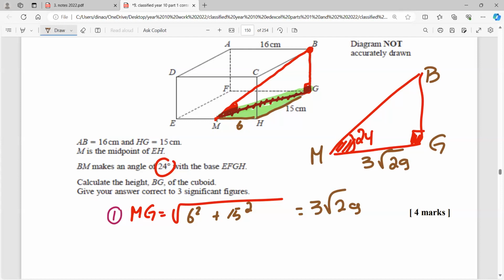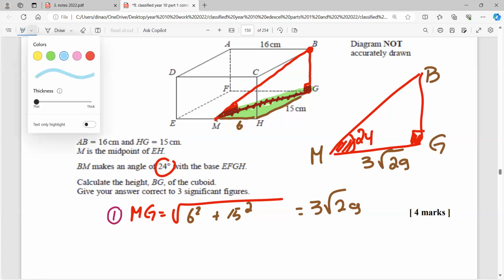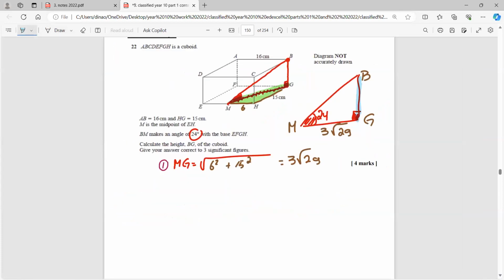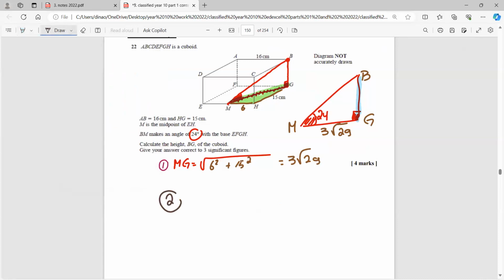The question says calculate the height BG of the cuboid. So I am required to calculate this side over here. Of course, since this is a right angle triangle, I can use SOH CAH TOA. Now this is the opposite and this is the adjacent. By the way, not all problems use tan. It just happens that here it is tan.